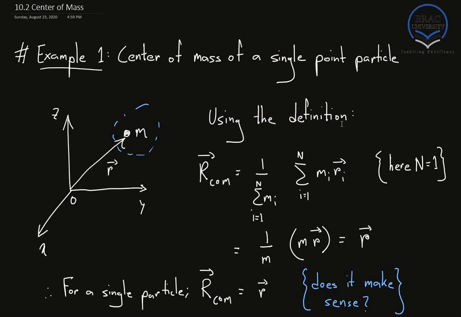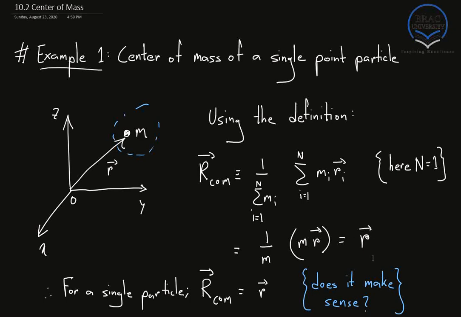Then using the definition of center of mass, you find that RCOM equals the sum mi ri divided by the total mass of the system. But here n is just equal to 1. It's a one particle system. So you just have 1 by m times mr equal to the vector r.